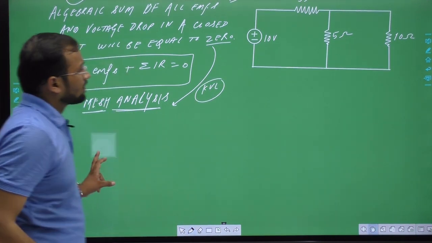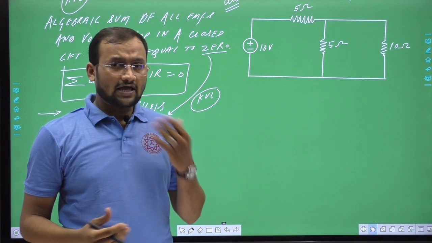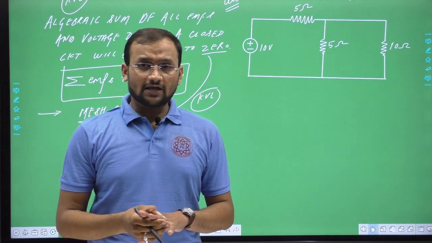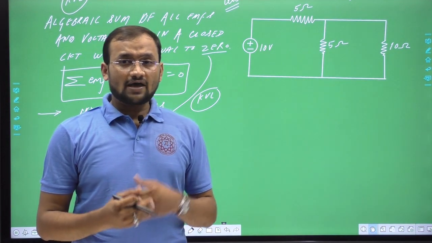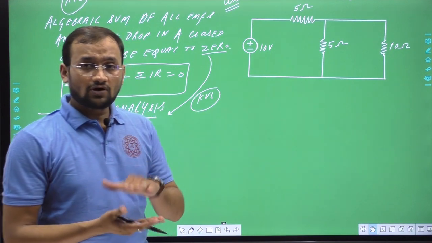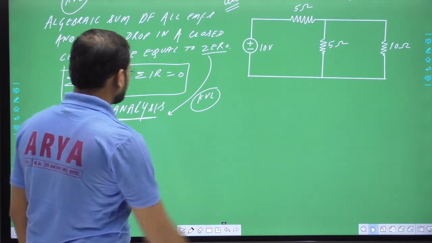We can solve a question by nodal analysis and also by mesh analysis, but we have to look at the question properly first, and then decide by which procedure the question will be solved in only 2 or 3 steps. Then we apply that.